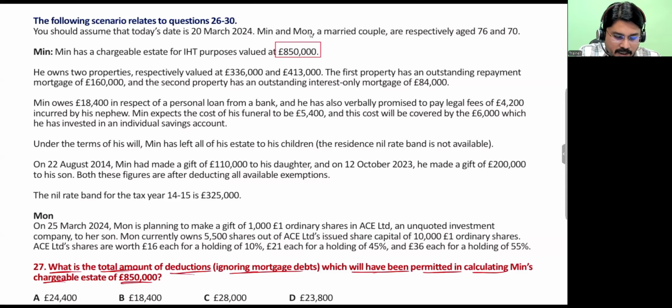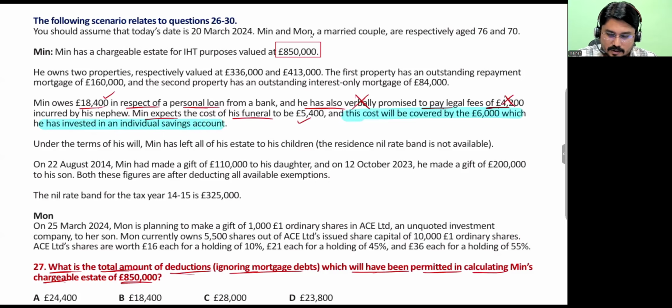Here we have that Min owes 18,400 on a personal bank loan. That's an allowable deduction. And he has also verbally promised to pay legal fees. This verbal commitment is disallowed. And Min expects the cost of the funeral to be 5,400. It's not necessary to know where these funeral costs will be covered from. That's irrelevant for us.